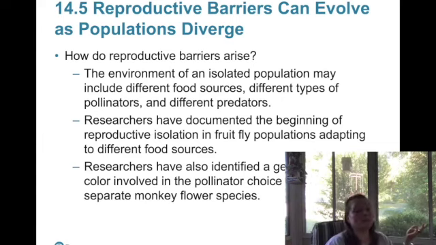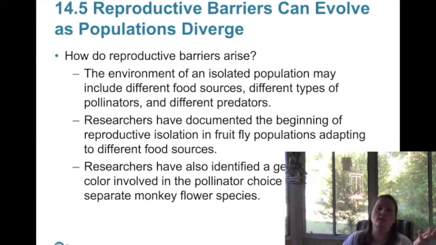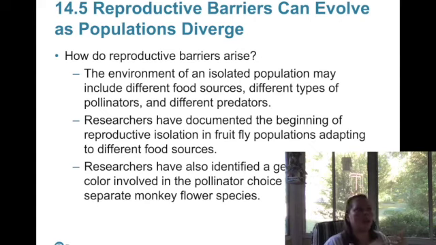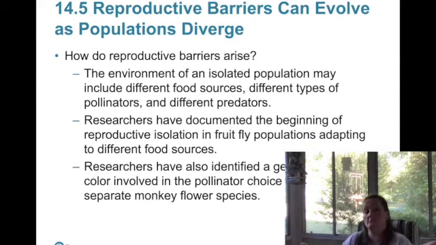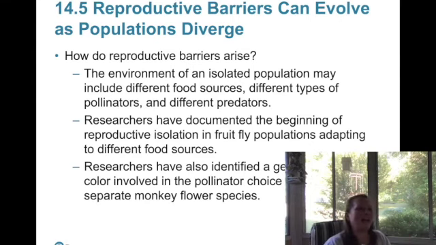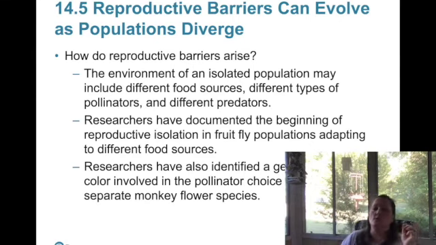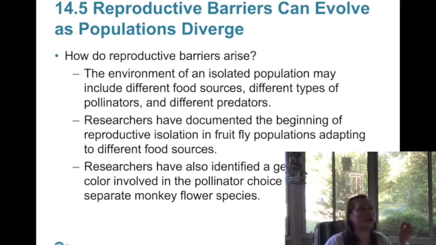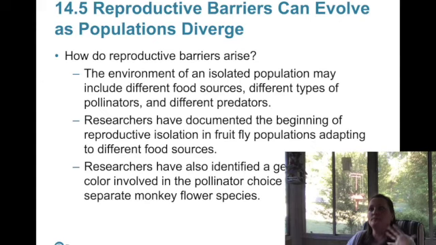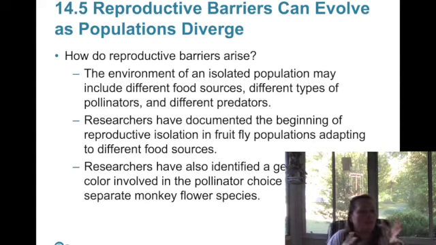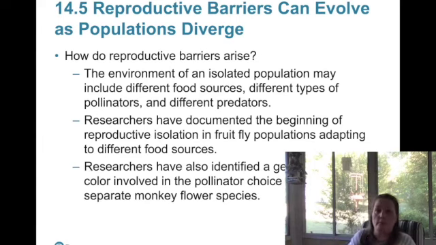Other times, different types of pollinators. You have flowers that have evolved to have specialized pollinators. So, birds, bees, that kind of thing. There was actually an orchid that was so specially evolved, it co-evolved with this one type of bee that it evolved a very specific way, so only this one bee could pollinate it.